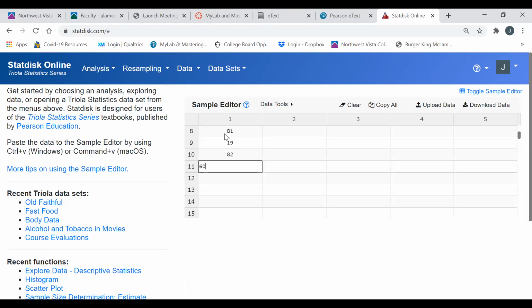There should be 11 numbers. And you don't have to put them in order. That's fine. Well, you may need to put them in order, but I'll tell you why in a little bit.